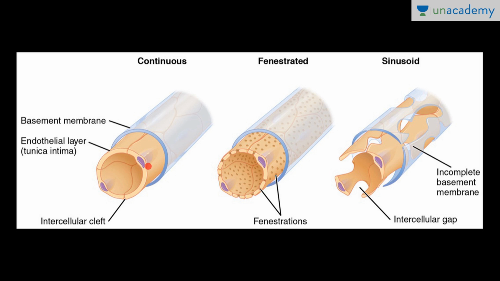We don't have any kind of perforations, and most of the capillaries in our body are of the continuous type. Second, we have fenestrated capillaries, which have fenestrations, that is, perforations. Then we have sinusoid, which has intercellular gaps and an incomplete basement membrane. So here nothing is present. Here perforations and here gaps.